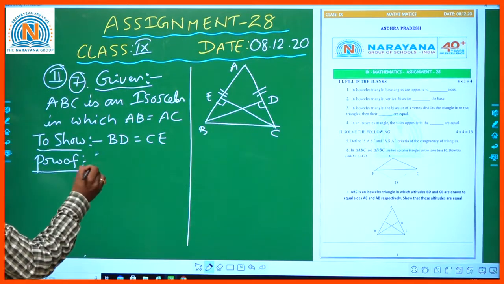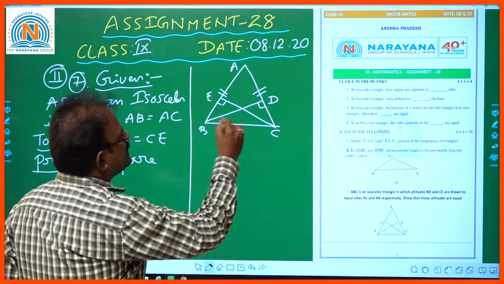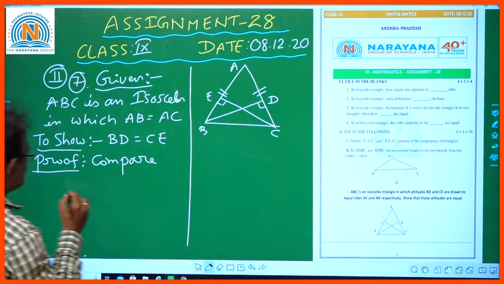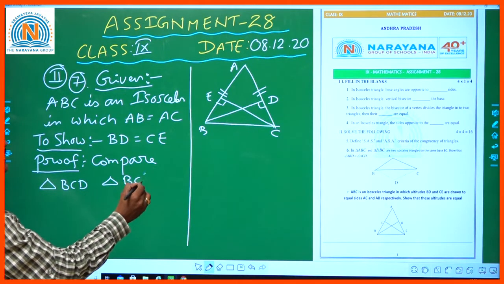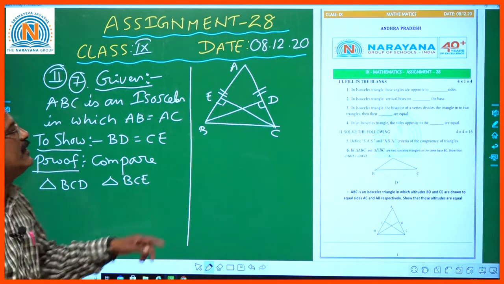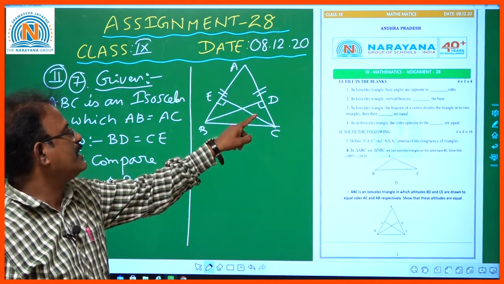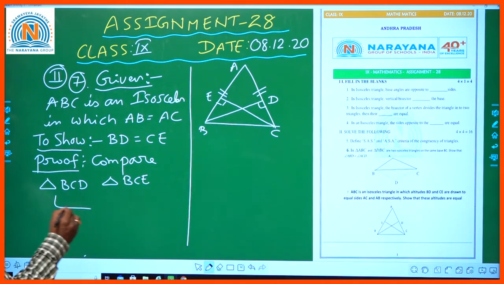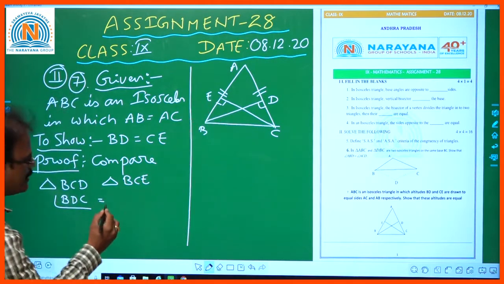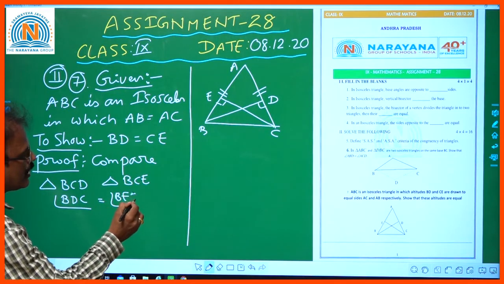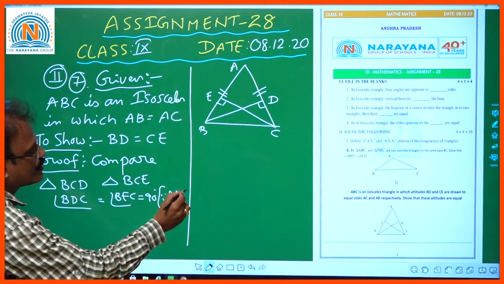So here compare triangle BCD and triangle BCE. Whenever you are comparing, it is 90 degrees. Keep D in the middle: BDC, and in this triangle keep E in the middle: BEC are 90 degrees because of altitudes.